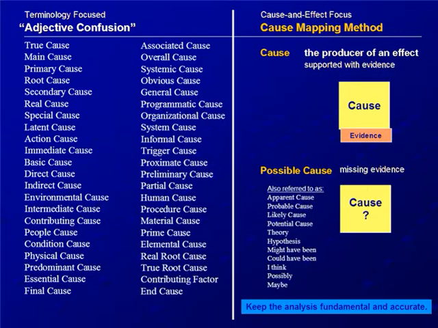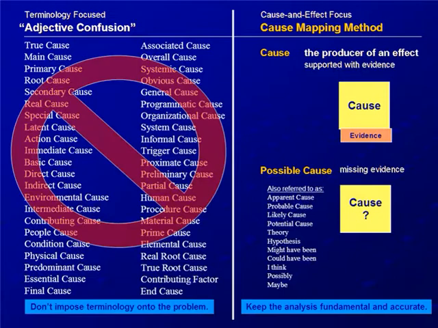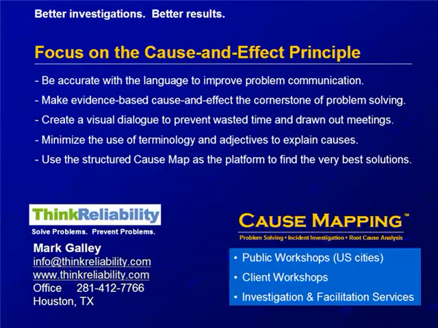You have to keep the analysis of any investigation fundamental and accurate based on cause and effect. The more the organization overlays terminology on the issue, the more confusing it gets. The focus has got to be on the cause and effect principle. None of the terms on the left are in the dictionary. The word in the dictionary is cause. Now, this focus on cause and effect just allows the language in the organization to be more accurate.